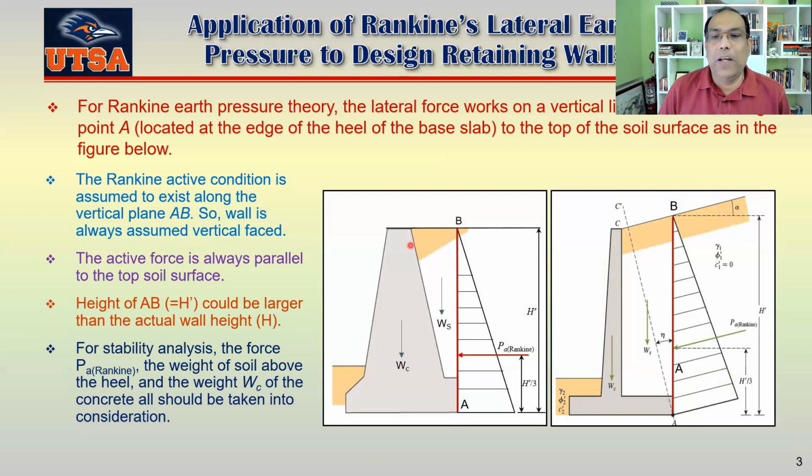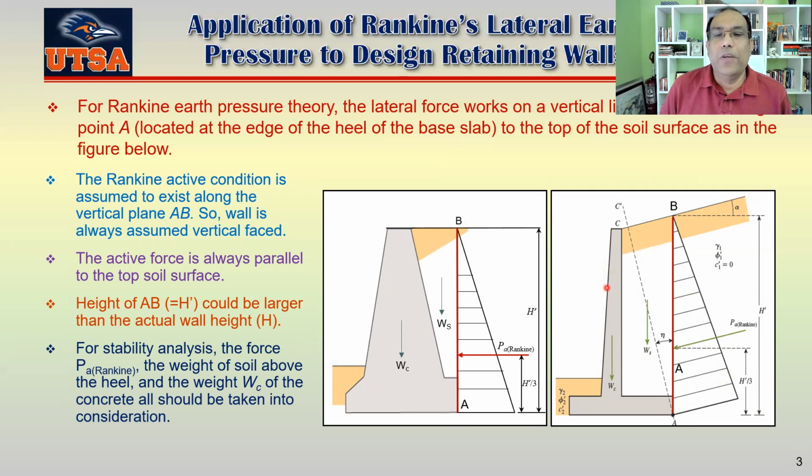Now you have to remember that the whole thing at the left side here, including that wall as well as the soil, will be part of the analysis procedure. So here you can see that not only the wall, but also the soil left of the line AB must be considered for your stability analysis.